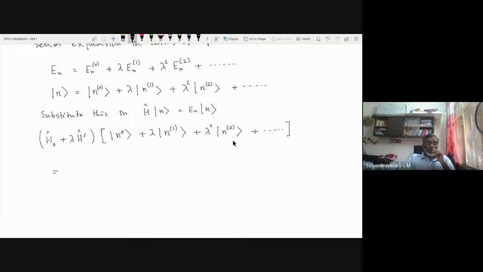This is equal to, on the right hand side, I have En.